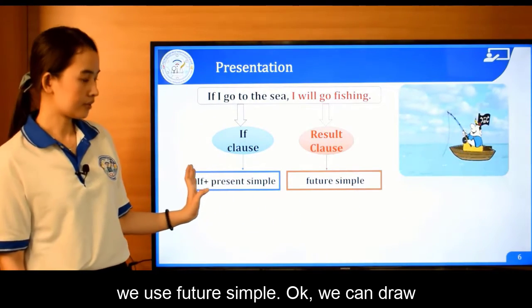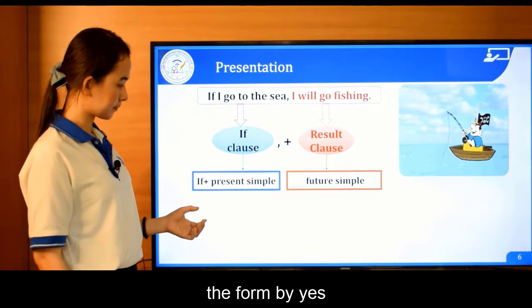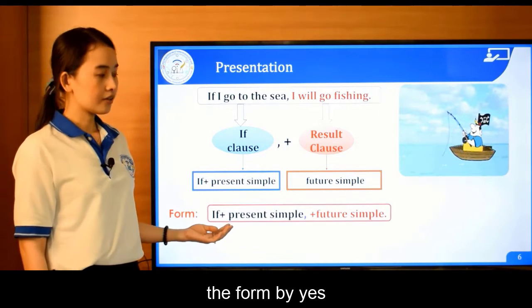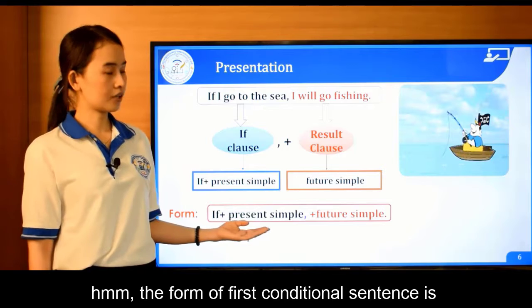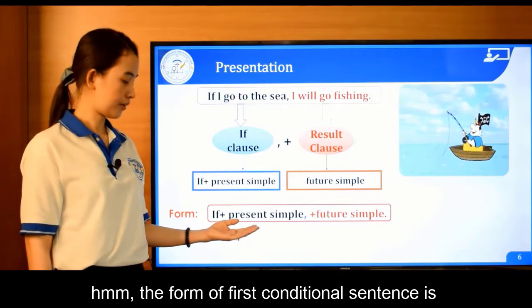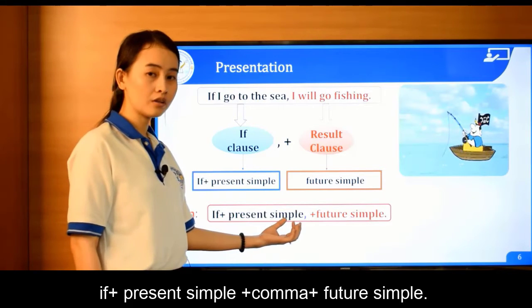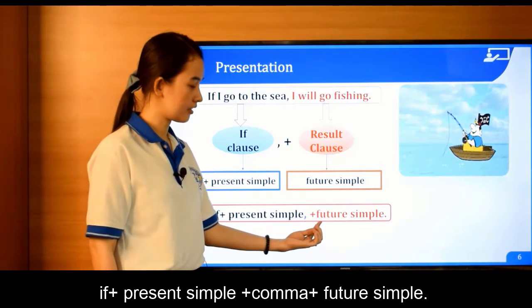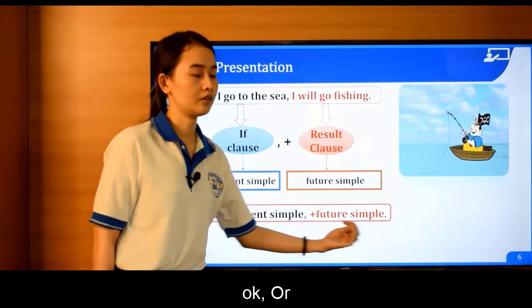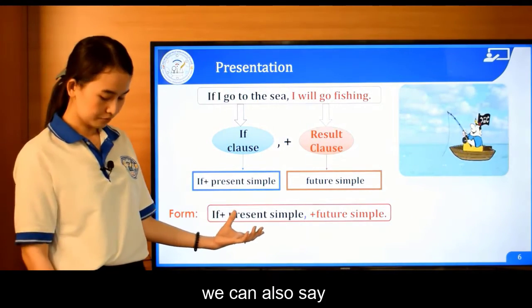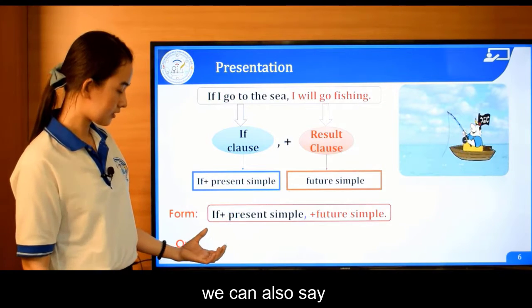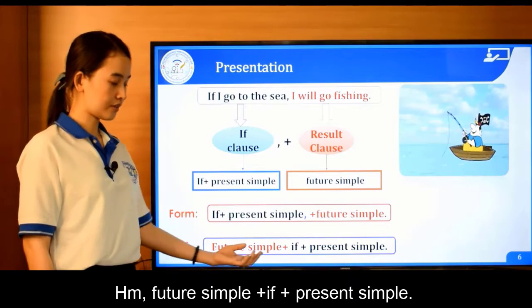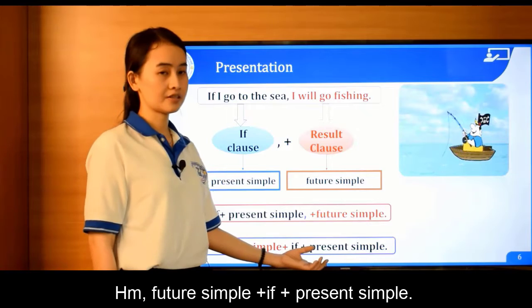Okay, we can draw the form by, yes, the form of first conditional sentence is if plus present simple plus comma plus future simple. Okay, or we can also say future simple plus if plus present simple.